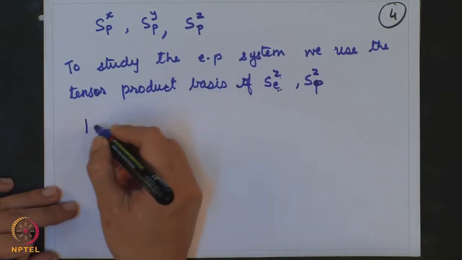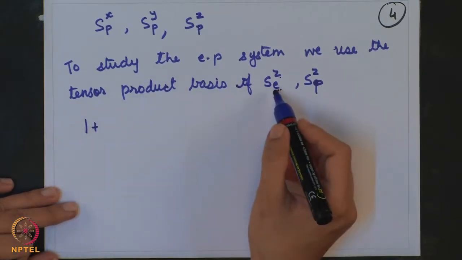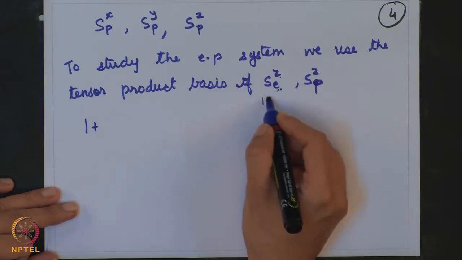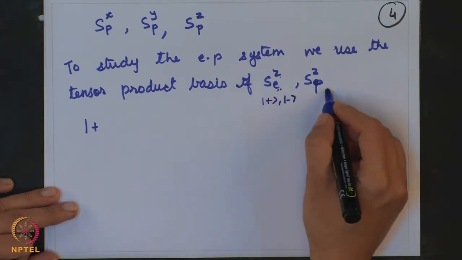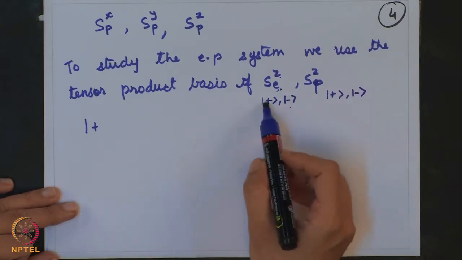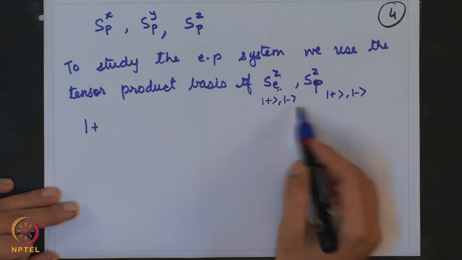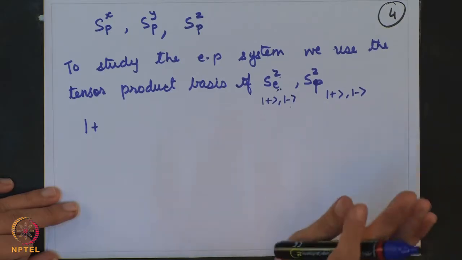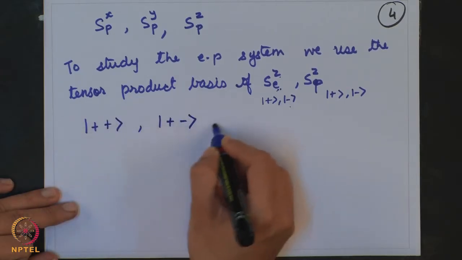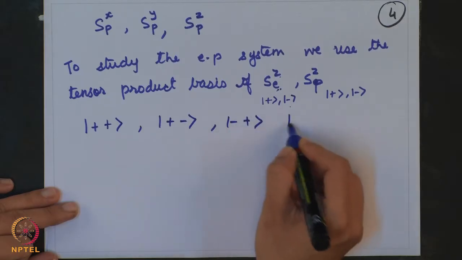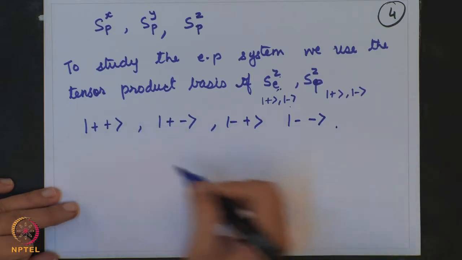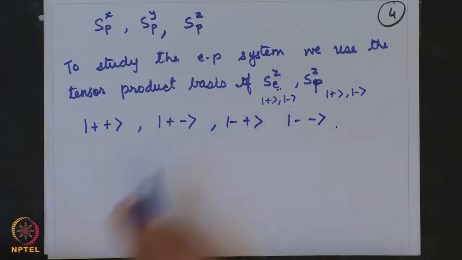If I call the electron plus state, up state, there are 2 spin states, plus and minus, up and down, for each. So with this you can make 4 combinations, which are plus plus, plus minus, minus plus and minus minus. These would be the eigenvectors or the eigenkets.